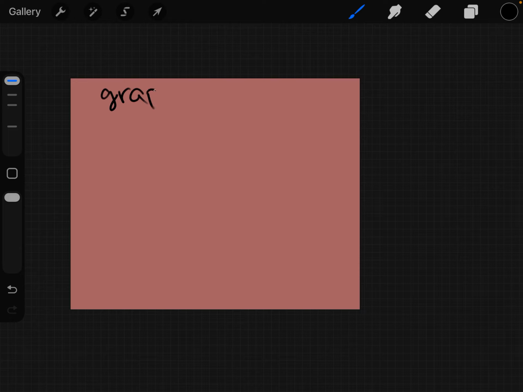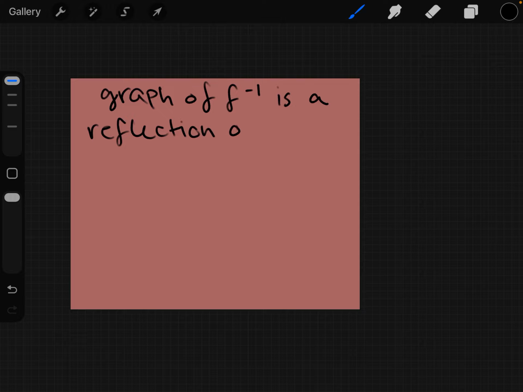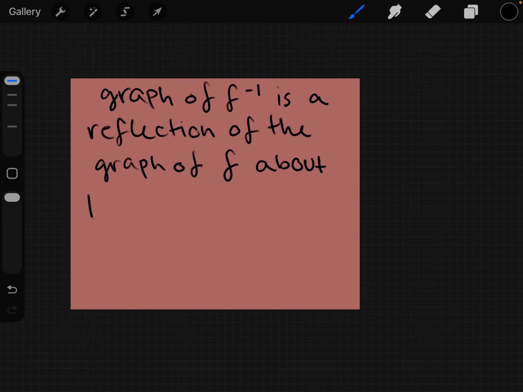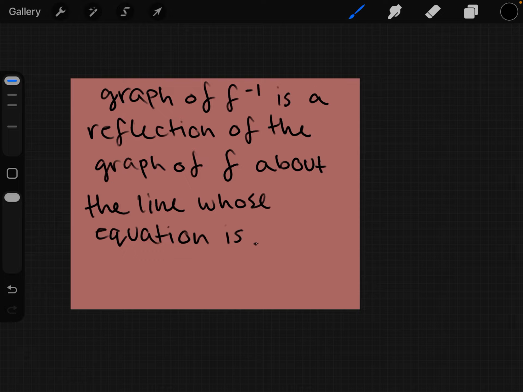A graph of f inverse is a reflection of the graph of f about the line whose equation is blank.